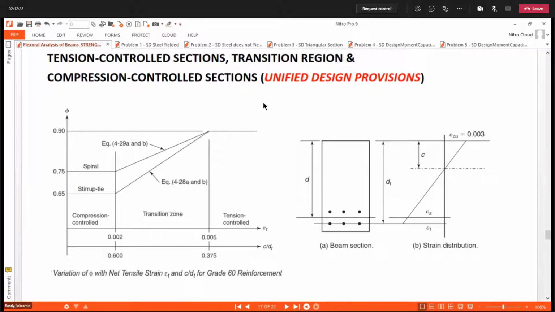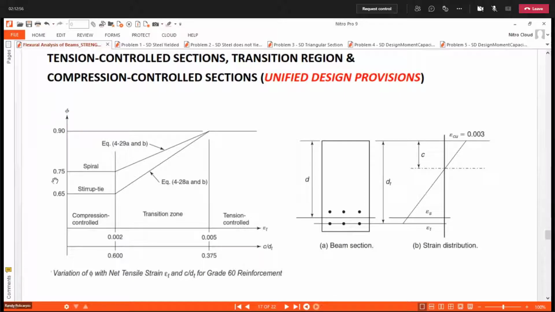Ngayon kapag column naman, we prefer it na compression controlled yung column natin dahil dun malakas yung column. Okay? So we prefer that. But then again, merong mga section na nasa transition zone.